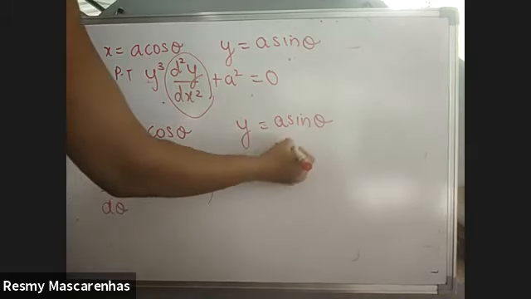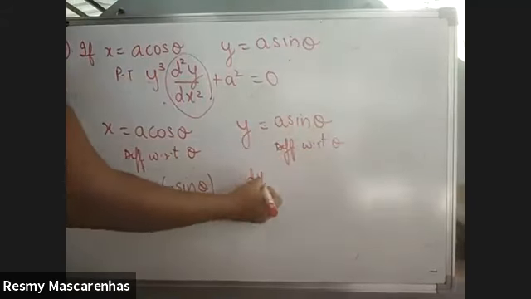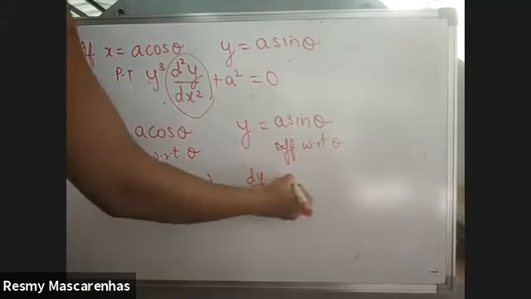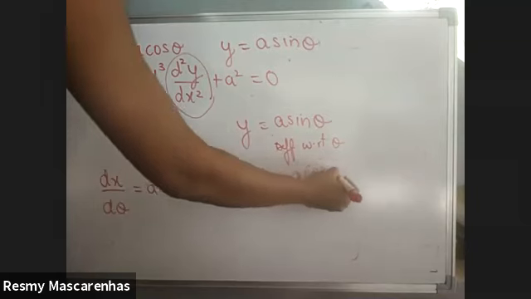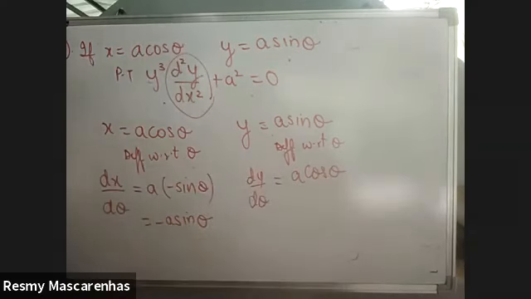Now differentiate y also. Dy upon d theta will be a cos theta. This is the answer we get for dx upon d theta. Same way dy upon d theta will be a cos theta.